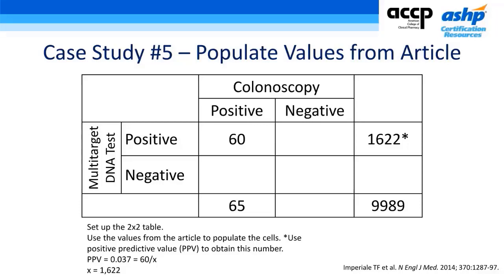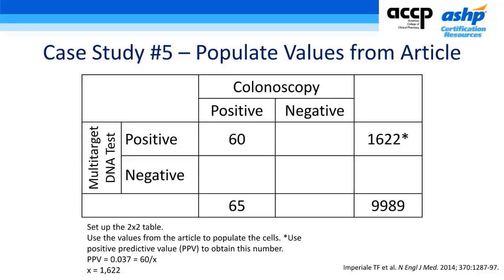And then in the bottom right-hand corner, we know the total of A plus B plus C plus D, which is the total number of subjects who were enrolled in the study, and that was just under 10,000. Now, to populate A plus B, this 1622, we use the positive predictive value to obtain this number.